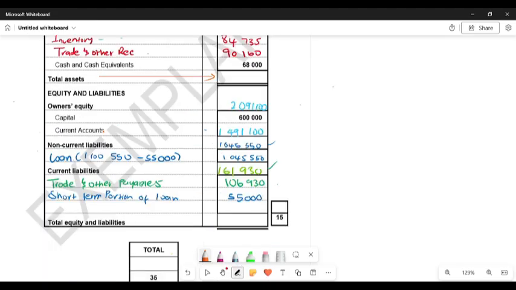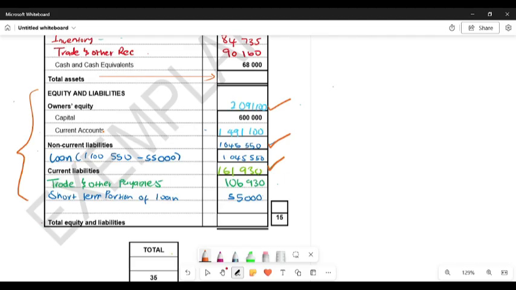Remember, your total assets should always be equal to your total equity and liabilities, always. Now, as you can see, the bottom part, there's nothing missing. So let me just simply add the totals. Total equity and liabilities would be equal to my owner's equity plus my non-current liabilities plus my current liability, right?